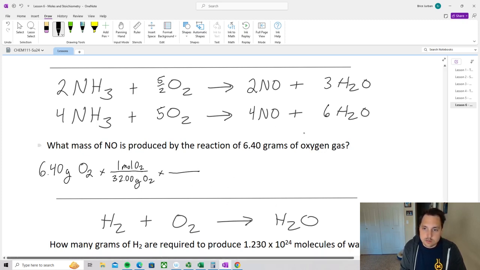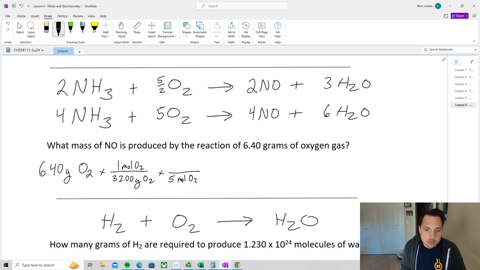Let's see here. So we're starting with oxygen on the left side. So oxygen is 5 moles of O2, 4 moles of NO, and then we need to know what the molar mass of NO is. So let's calculate that.